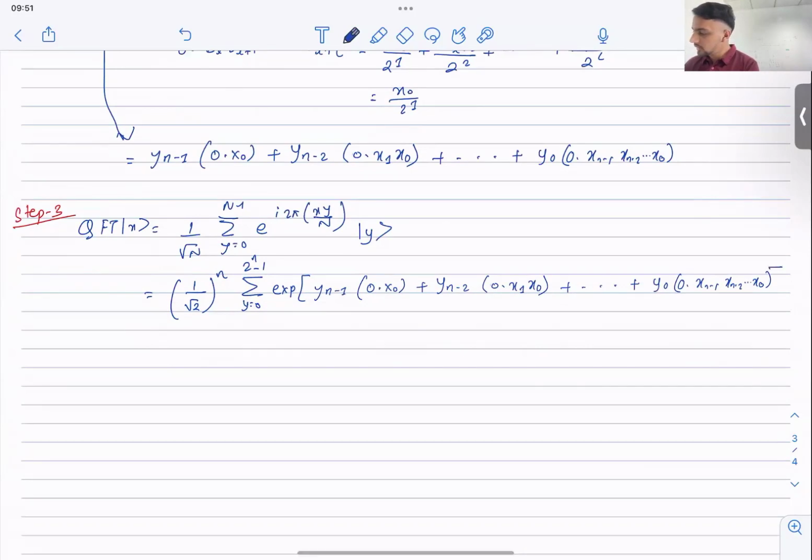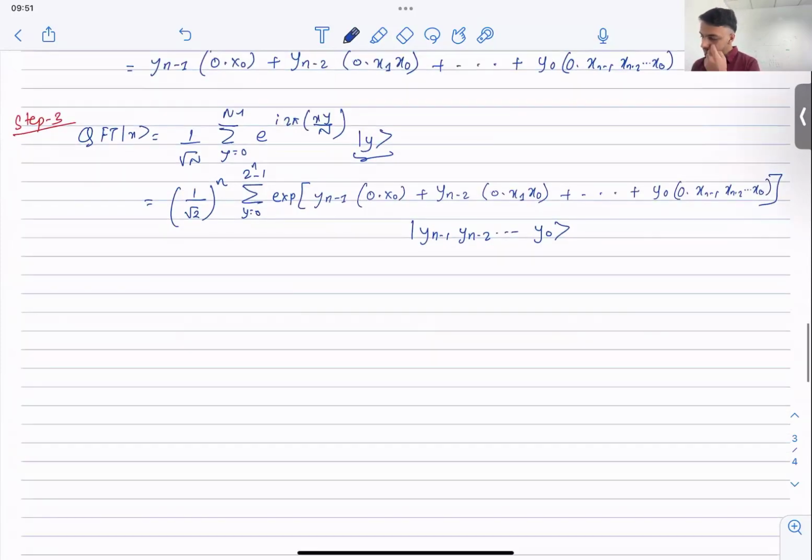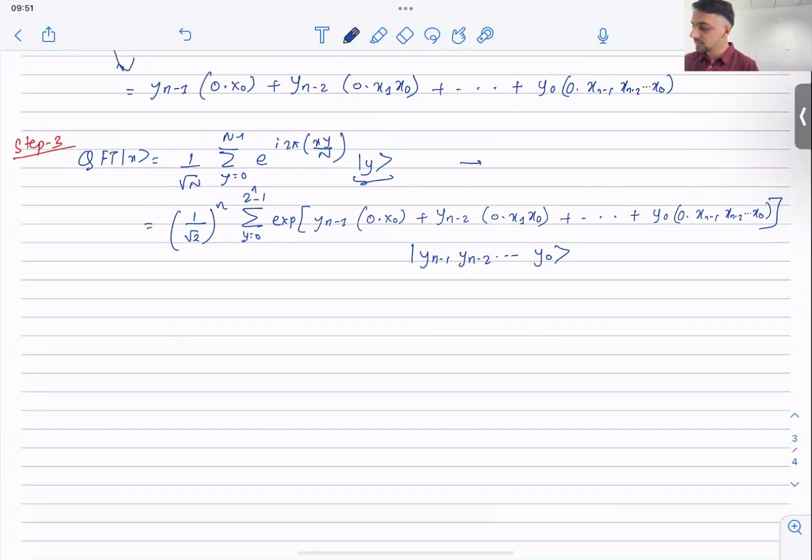Now I will also expand this state y, which remember was defined like this. So y is just yn minus 1, yn minus 2, all the way to y0. Just using the definition here. So y, remember, is a binary number. Just to make sure you're not confused, if this is a 4-qubit case, an example would be if you have an integer, let's say state 4.